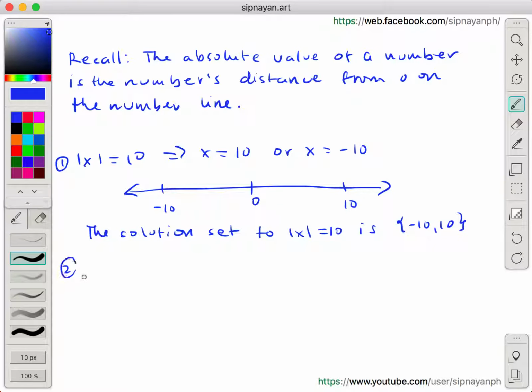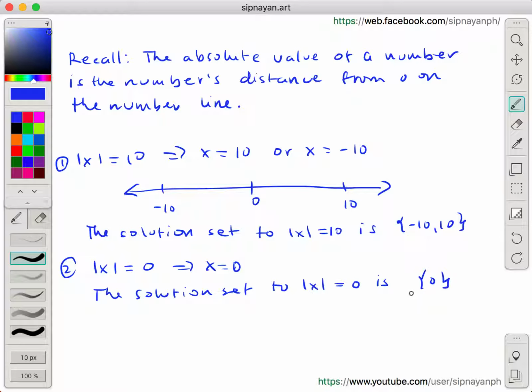For number 2, we have the absolute value of x is equal to 0. So ano yung x natin dito? Ano ba ang number na 0 units away from 0? Obviously, this implies that x is equal to 0. So the solution set to absolute value of x is equal to 0 is simply 0.